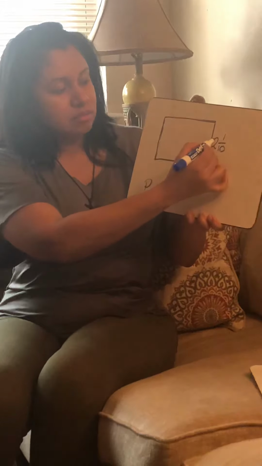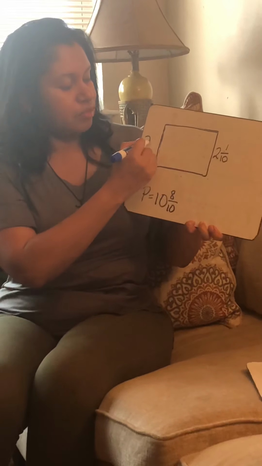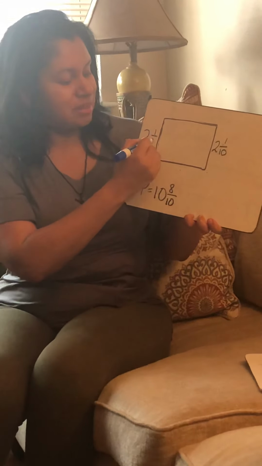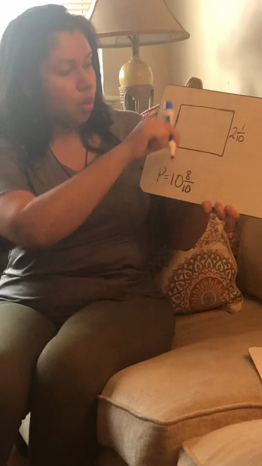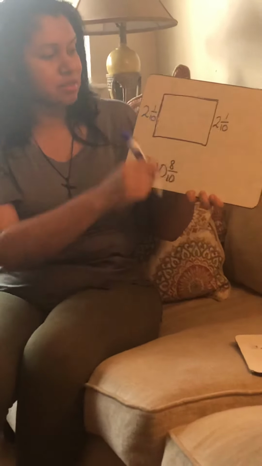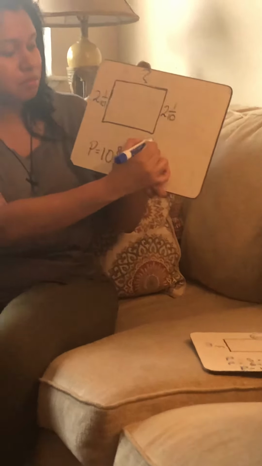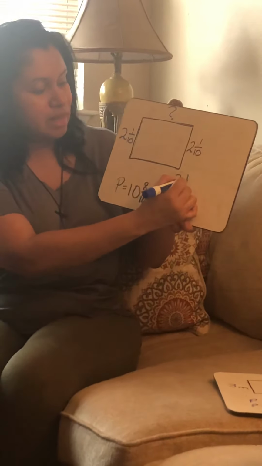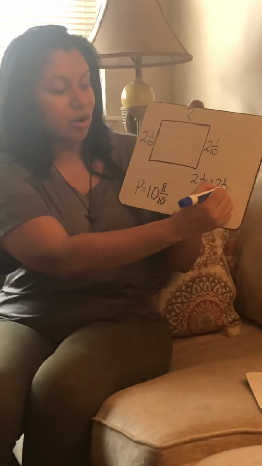So this side measures 2 1/10. So I know that this side over here also measures 2 1/10, right? Okay. Now I know that all 4 sides together add up to 10 8/10. So how much is my length? Well, I'm gonna start by adding the 2 numbers that I know.